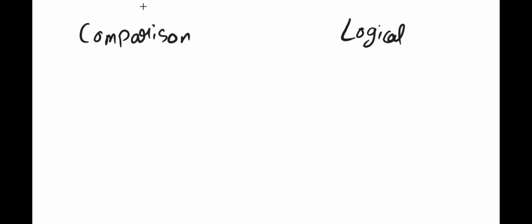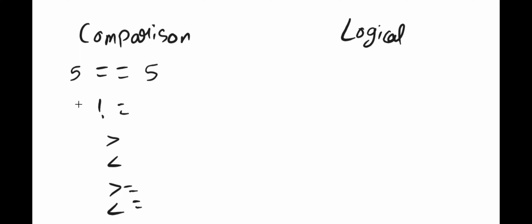And the other two operators are the comparison operator and the logical operator. Coming to comparison operators, we have equals, not equal, greater than, less than, greater than or equal to, and less than or equal to. We will be comparing two values, like whether 5 is equal to 5 or not, whether 5 is not equal to 6, whether 2 is greater than 5, whether 2 is less than 5.